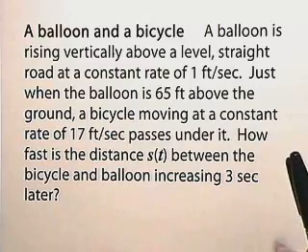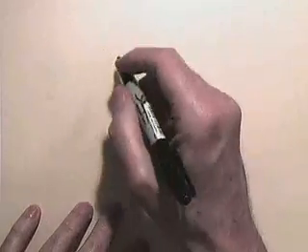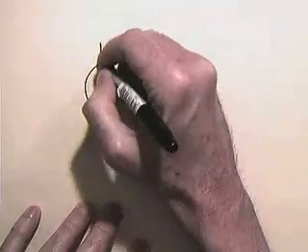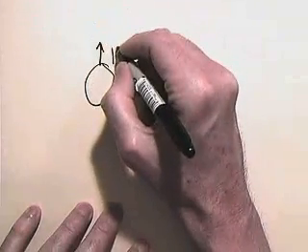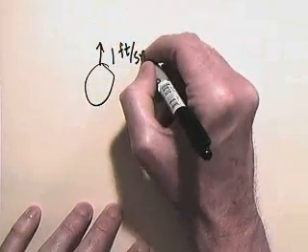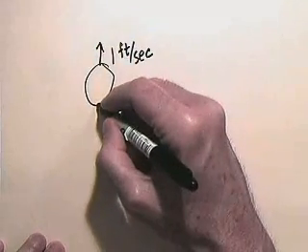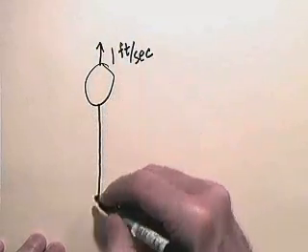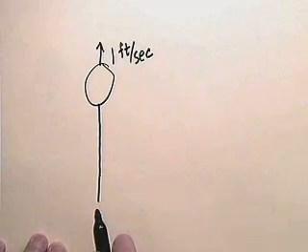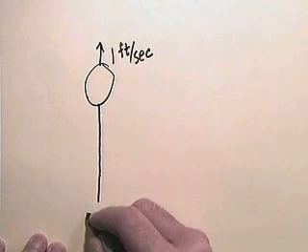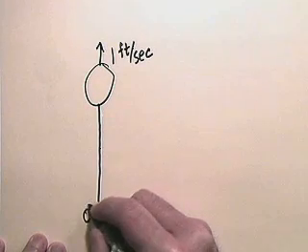Okay, so let's draw a crude picture of this situation. Our balloon is going up 1 foot per second. And at the instant that we're interested in, one of the instants we're interested in, a bicycle goes by.